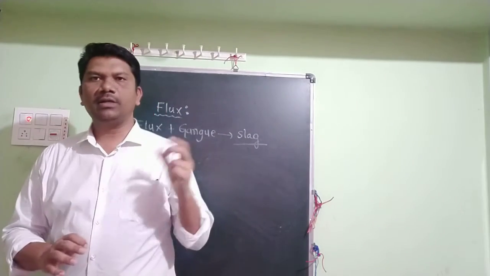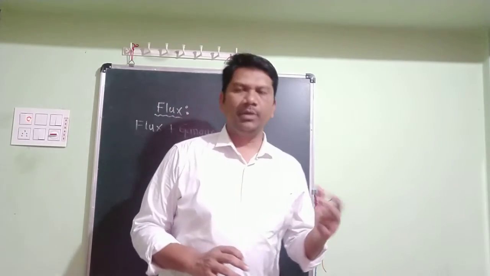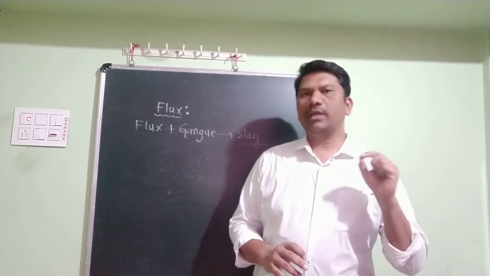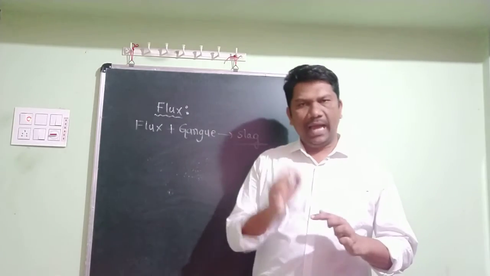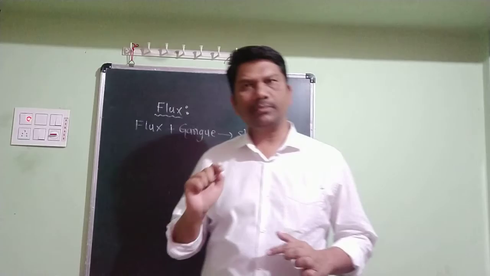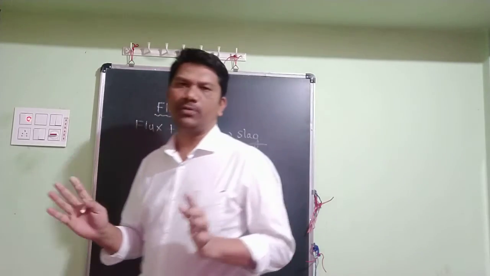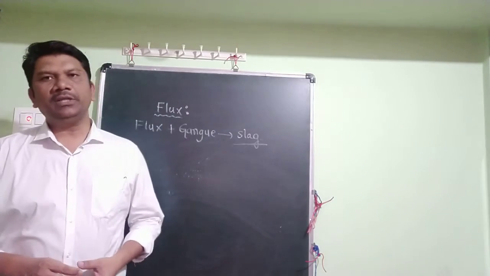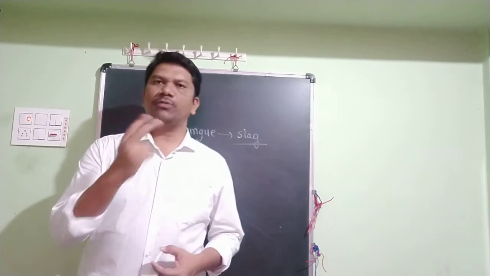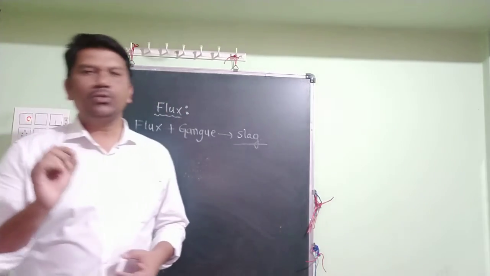So I think the definition is clear. I'll repeat one more time. Flux is a chemical substance which is added during smelting in order to remove gangue particles in the form of slag. Now there are two types of flux.